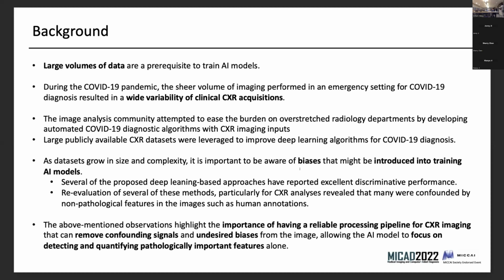But when you examine the results closely, the discriminative performance dropped when you used another data set. There's such a big variability of data that the models weren't very reliable in the end. So we thought it would be useful to assemble a pipeline for pre-processing, which I think is lacking, so that we can improve our deep learning results and analysis.